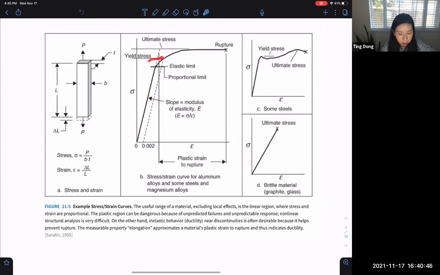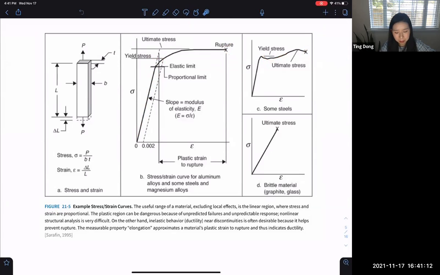With a 0.2% offset of plastic deformation, there is a yield strength, and this is actually the ultimate strength when it ruptured. And if it's some kind of steel, it has a dip after the yield strength, and then it ruptured here.